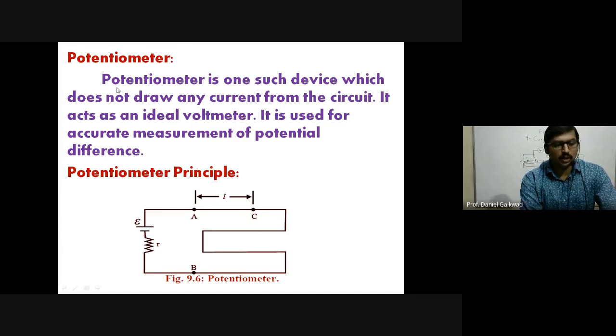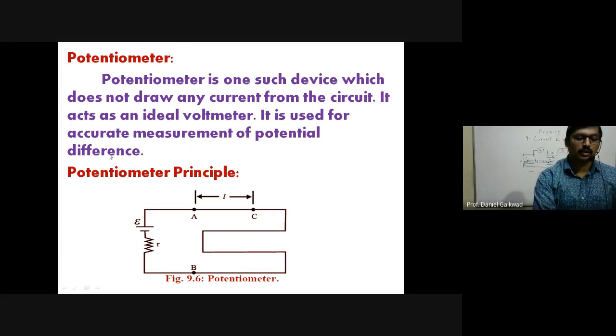Potentiometer is one such device which does not draw any current from the circuit. It acts as an ideal voltmeter. It is used for accurate measurement of potential difference. It is one type of device, just like a voltmeter or ammeter, that does not draw current.